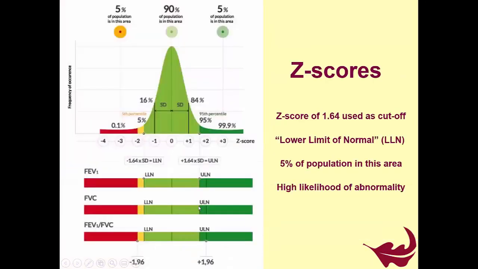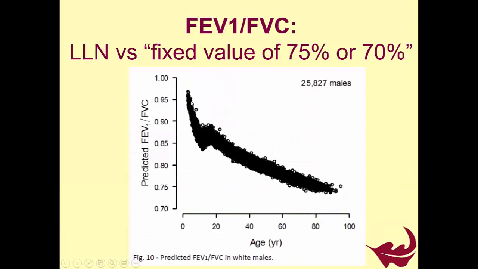And when you look at a fixed value versus using the lower limit of normal, we normally use 75 or 70%. But look at persons between the ages of 20 and 40, or 20 and 60 years old, the typical divers that we see. You can see many of them fall outside of the normal range, even if the value is 80%, the ratio between FEV1 and FVC.